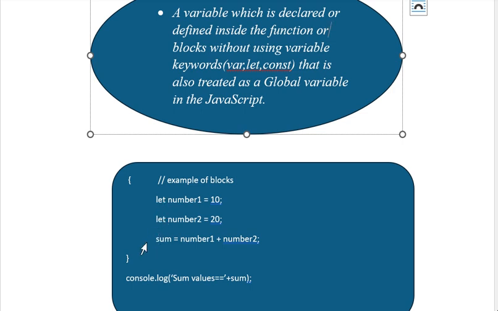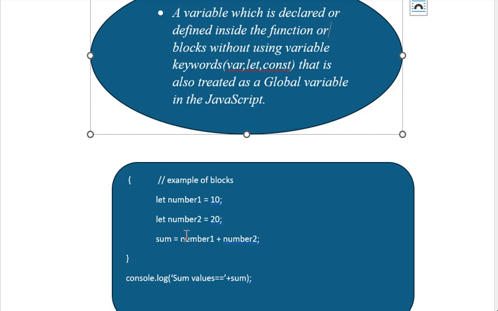Here we have not used any variable keyword to declare sum. So a variable that is defined or declared without a variable keyword is called a global variable.